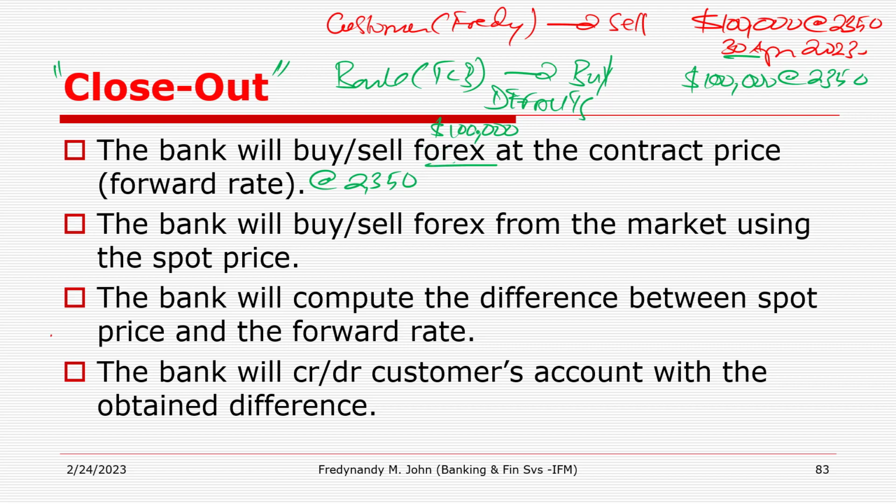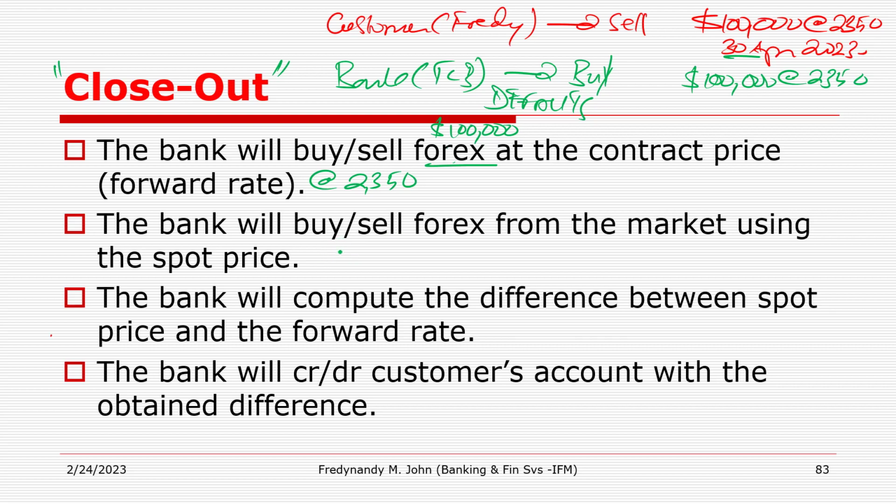Now, after buying this currency, the bank does not keep them in the banking vault. The bank will as well sell them to the market using the prevailing rate. And remember, I told you, every single date, there is a prevailing spot rate.